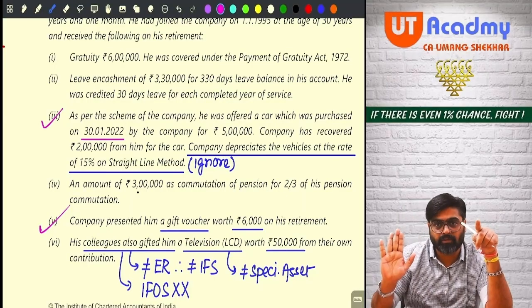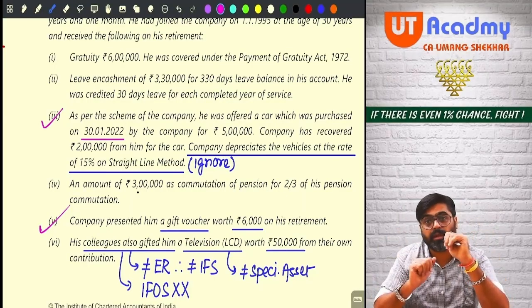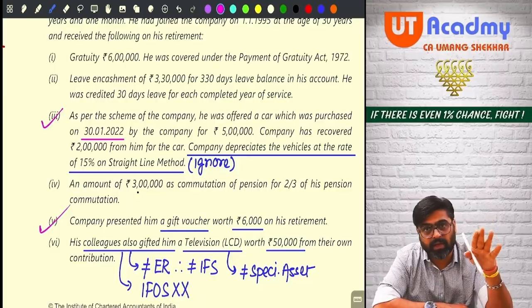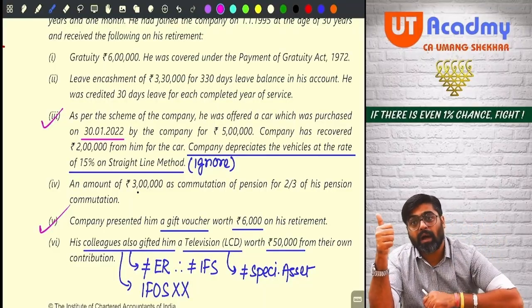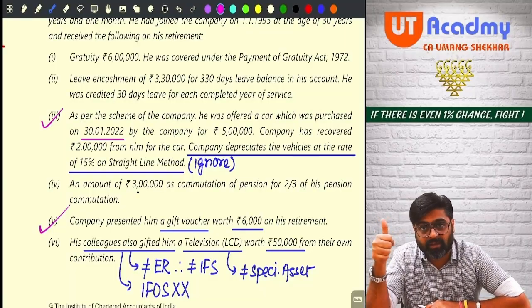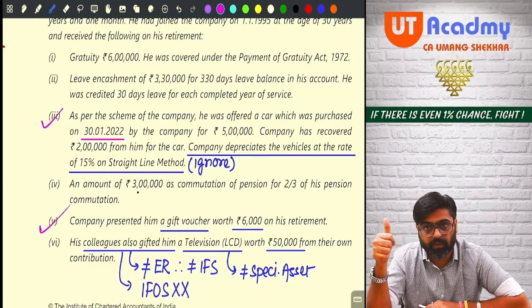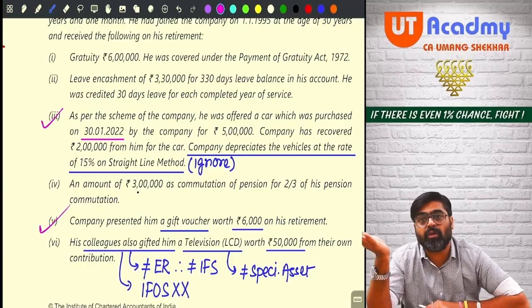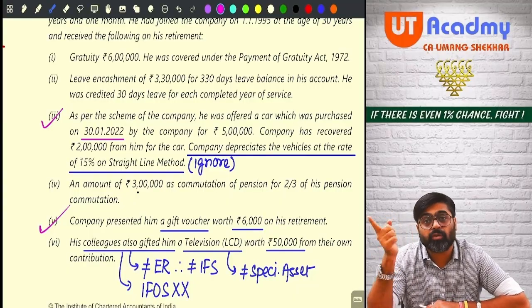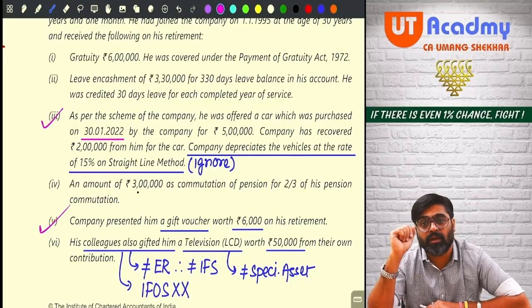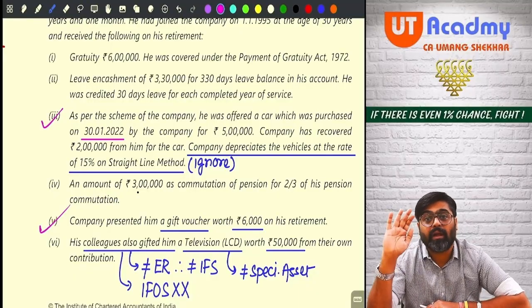So 15 by 26. Now I will have to check last drawn salary. Forget about the month of retirement, January. Immediately prior to that month, the salary I have to take. That is last drawn salary. The month immediately preceding the month of retirement was December. In that month, what was the basic? It was 20,000 only. And what was the DA?